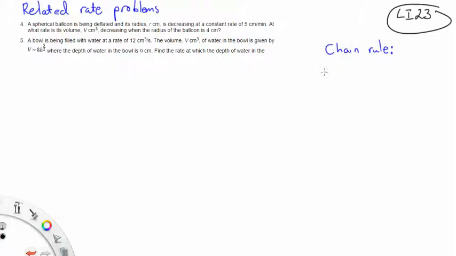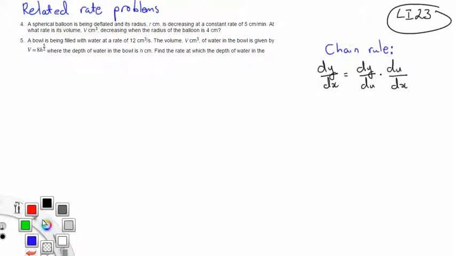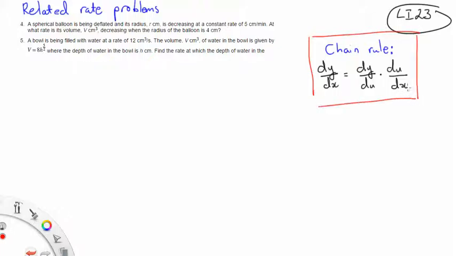So the chain rule says that dy/dx equals dy/du times du/dx. So the logic with the chain rule is that these two cross cancel, and you're left with dy on dx, which is the answer here.